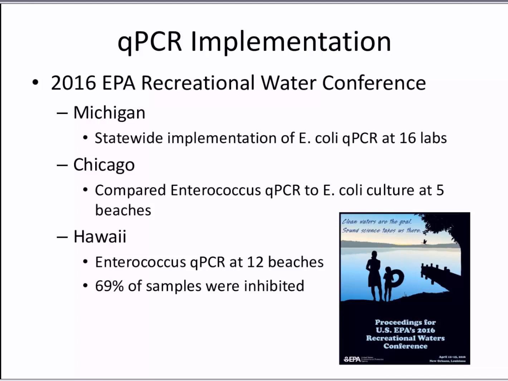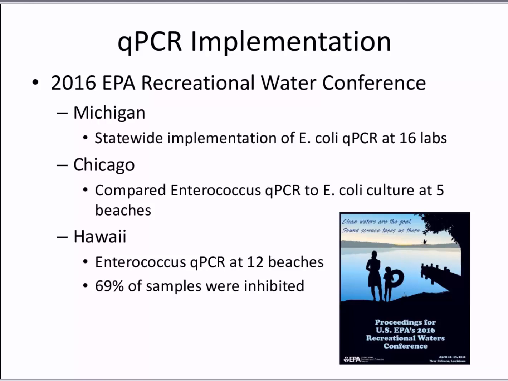And then another example in Hawaii, where they did Enterococcus qPCR at 12 beaches. The problem in Hawaii is they were processing maybe 130 samples, and of those, 69% of the samples were inhibited.